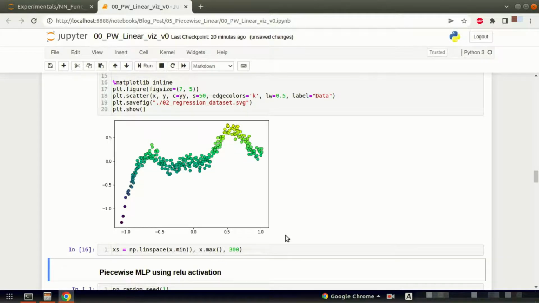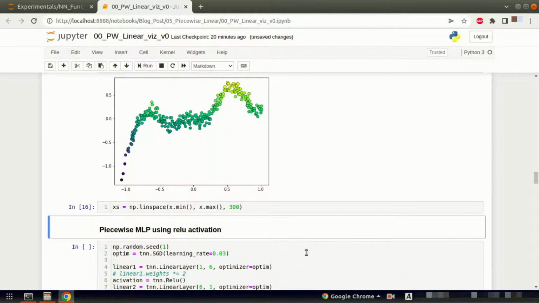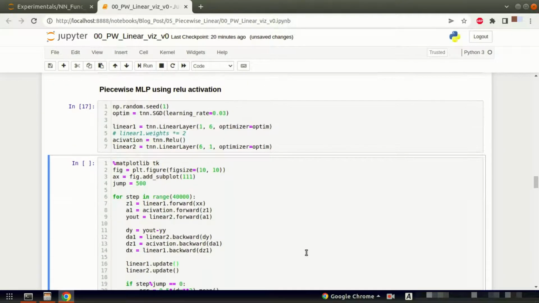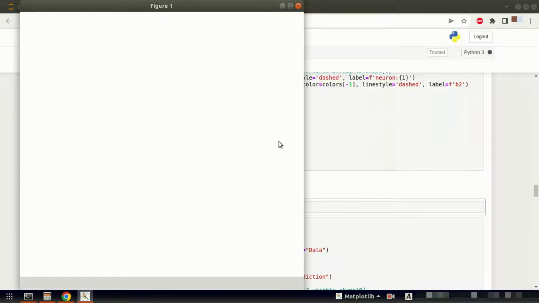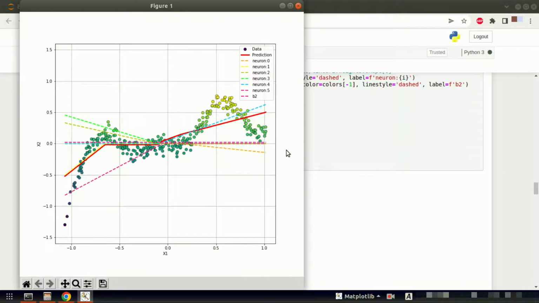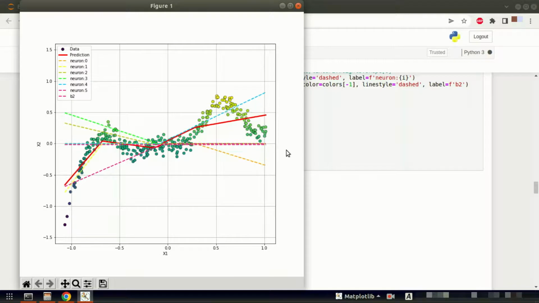So let's create a neural network and train it. So here is the visualization. And it's training, and each dotted line is the neuron, right? Individual piece.